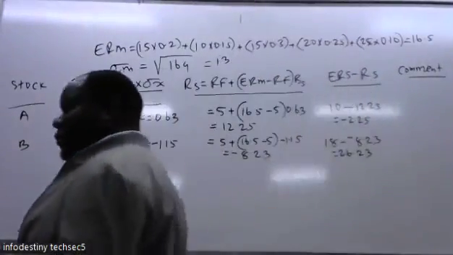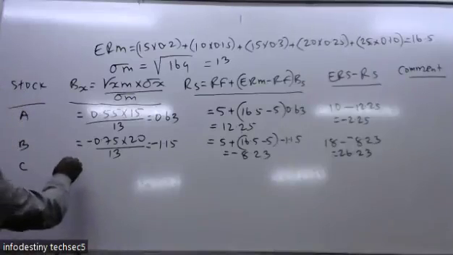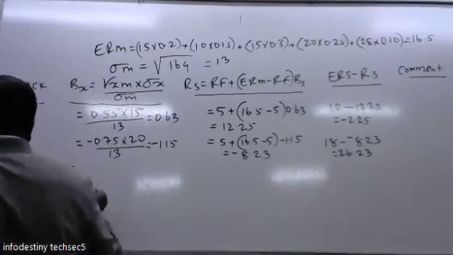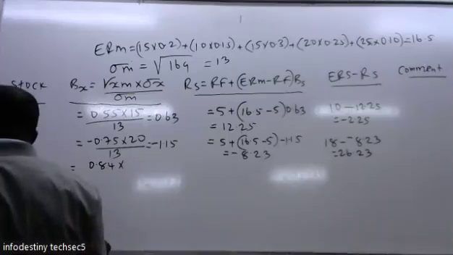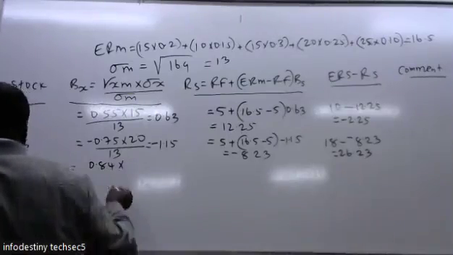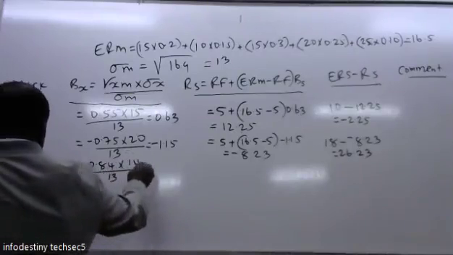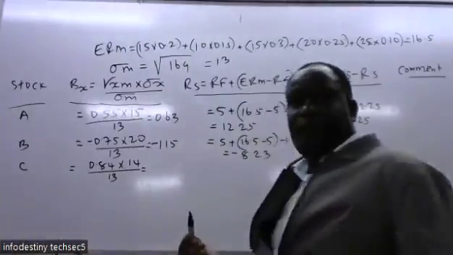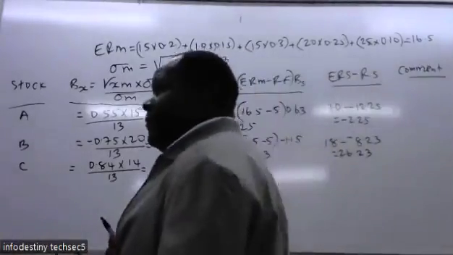We also go to stock C. For stock C, the correlation with the market is 0.84. We also multiply by the standard deviation, which is 14, then we divide by 13. That gives 0.90.